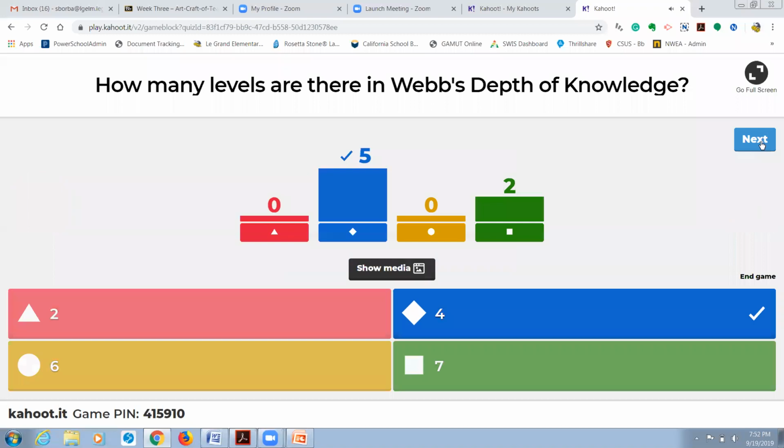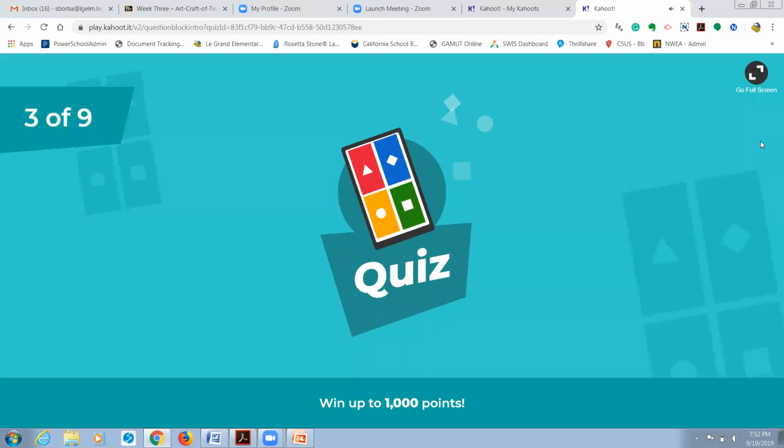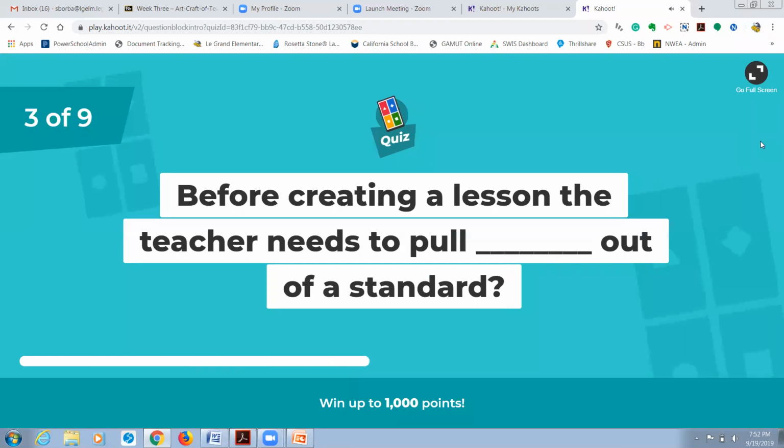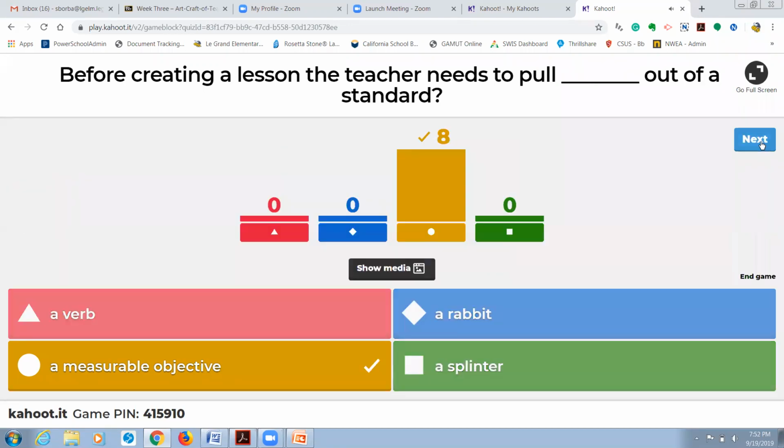Four levels in Webb's depth of knowledge. Before creating a lesson, the teacher needs to pull what out of a standard? Yes, nice job. Teachable objective, measurable objective, one or the other.